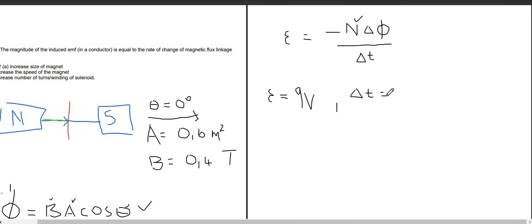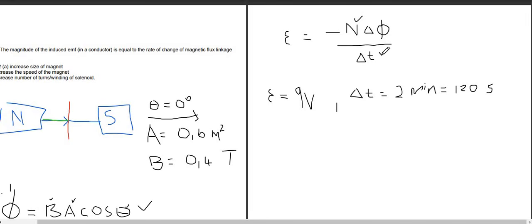And how much was that? They said it's 2 minutes. So it's 2 minutes, but the time when we calculate must always be in seconds. So 2 minutes equals 120 seconds, because 1 minute is equal to 60 seconds. So it's just 2 multiplied by 60, which gives us 120 seconds, right?